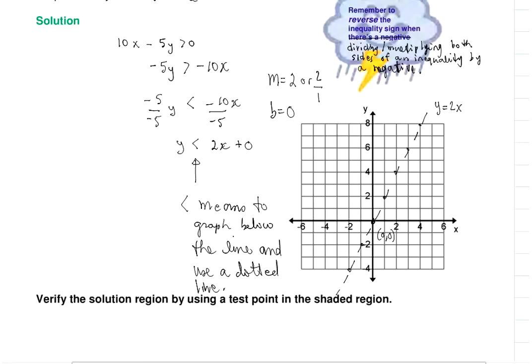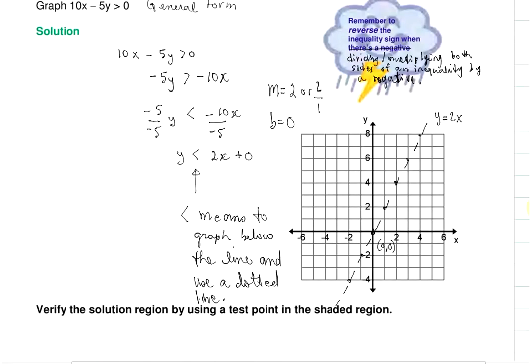Okay, now we are also asked to verify. Oh, right. Okay, so we should really graph that, shouldn't we? All right, so it means below the line. So that means I want to graph everything below our line.